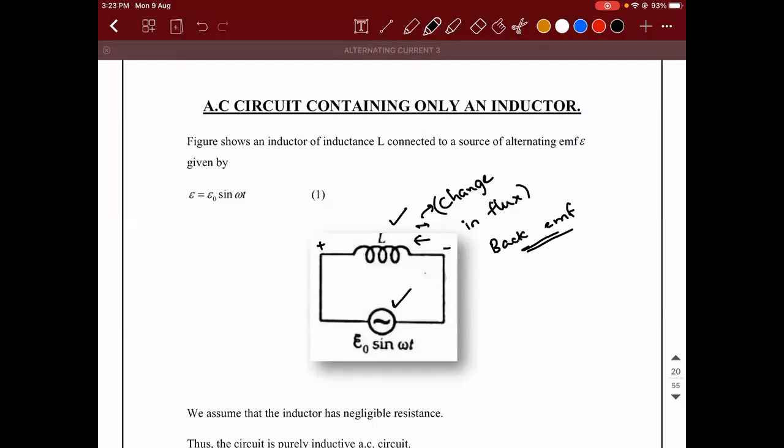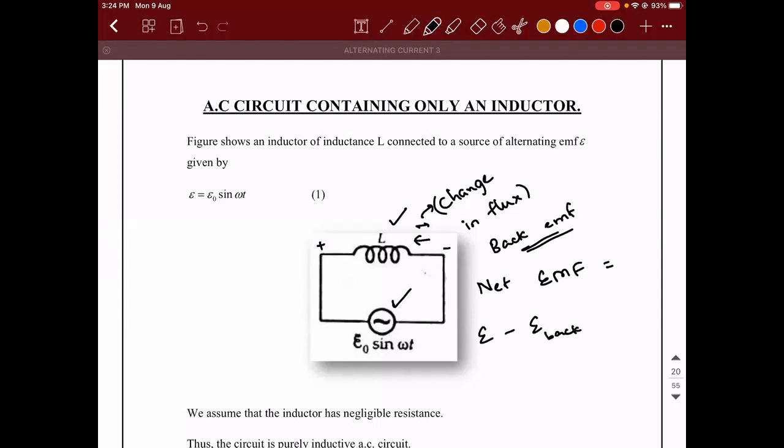So these are the steps that happen: change in flux, then due to the change in flux a back EMF is generated, and the net EMF across the circuit is going to be E minus E back.